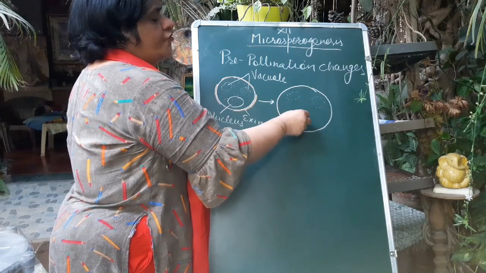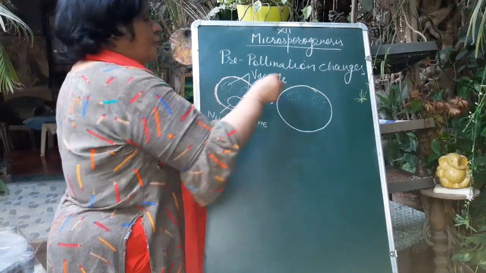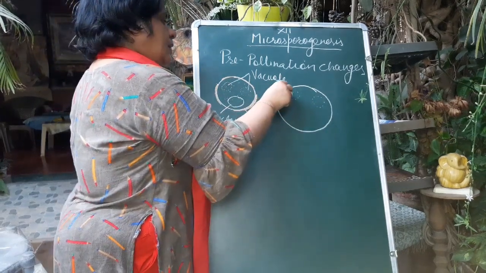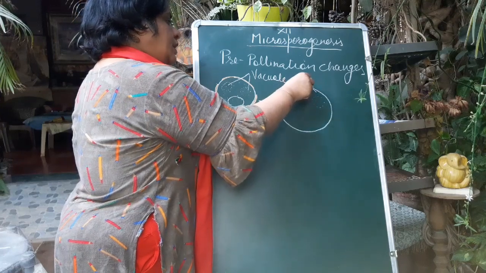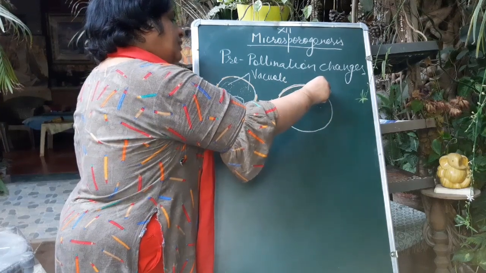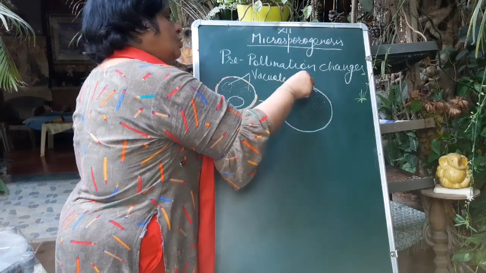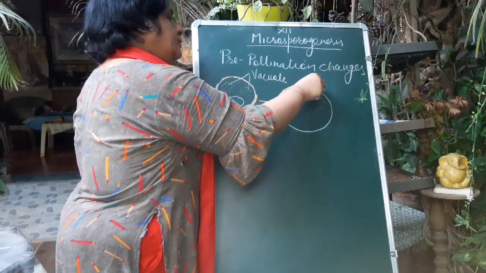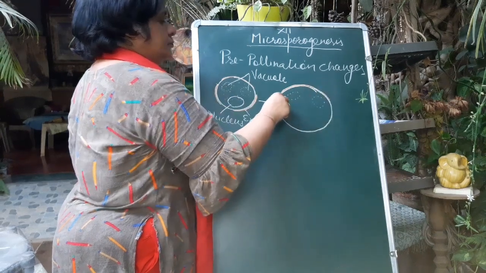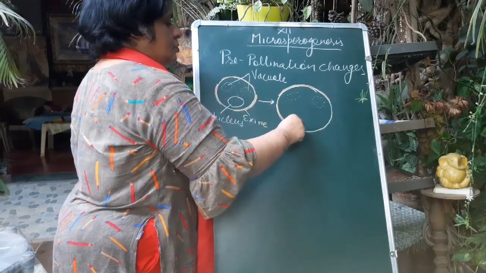Along with vacuoles, further enlargement of pollen grain, and this is the same outer layer, that is called exine. This is the outermost layer, it is called exine.